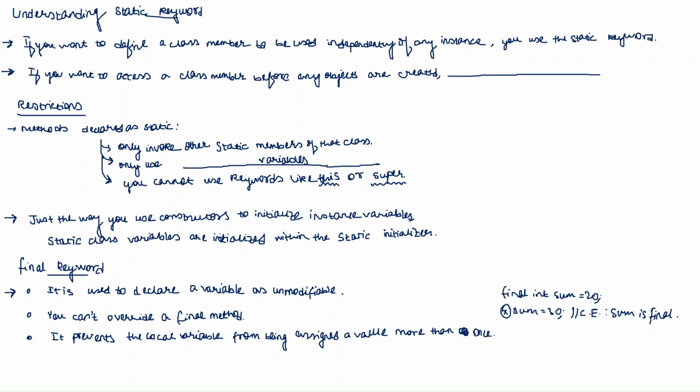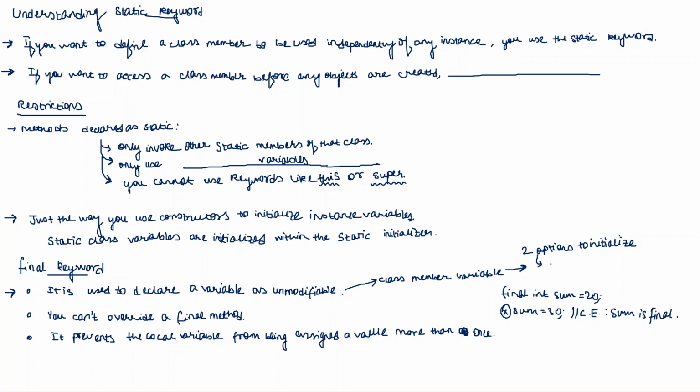Now here one thing that I want to say is when you declare a class member variable as final, you have two options to initialize the value of that particular final variable.